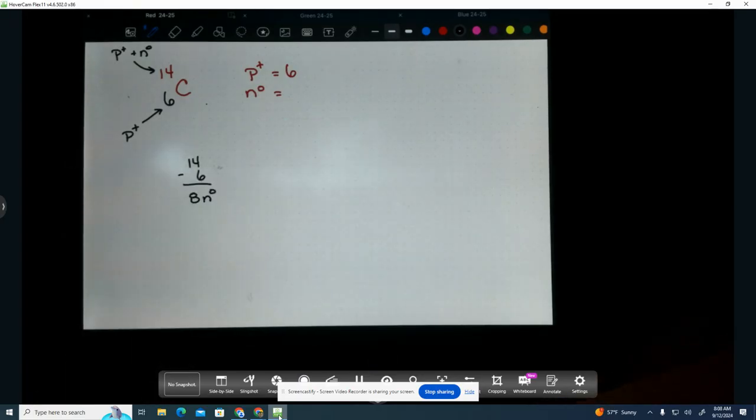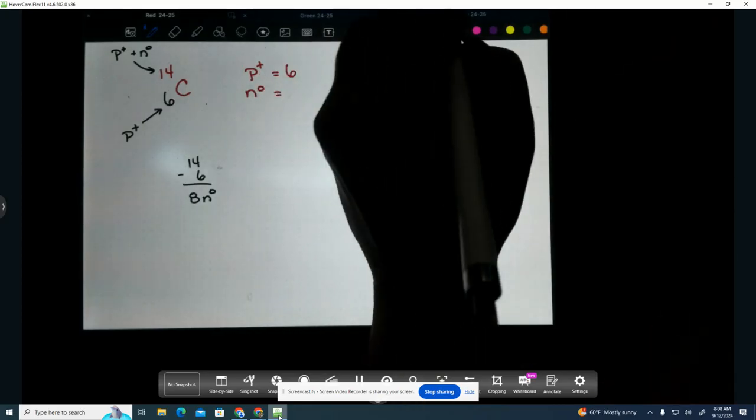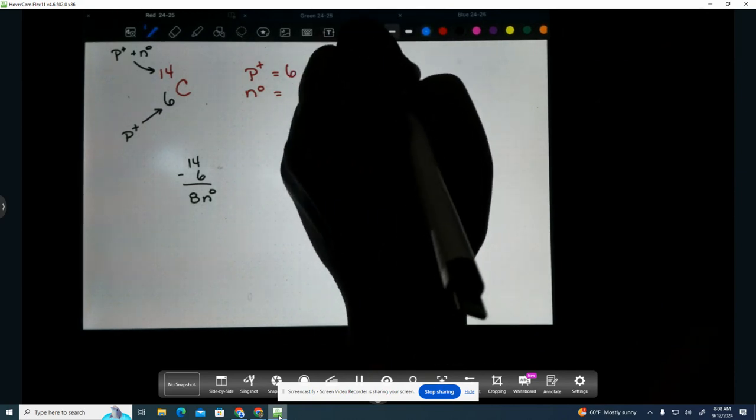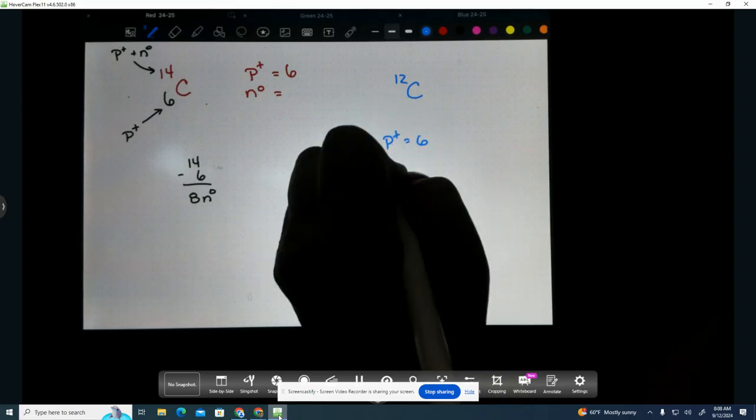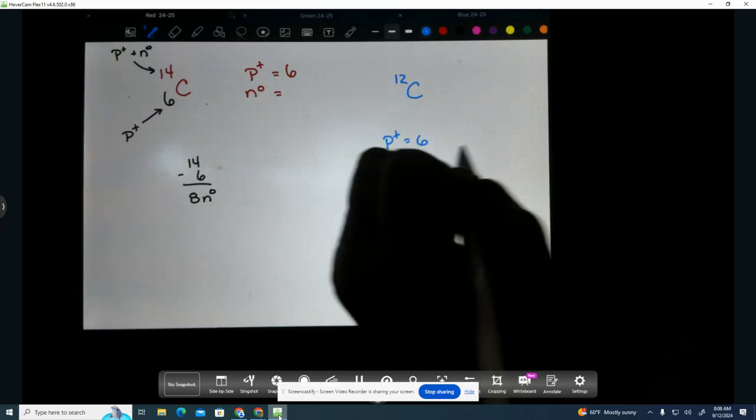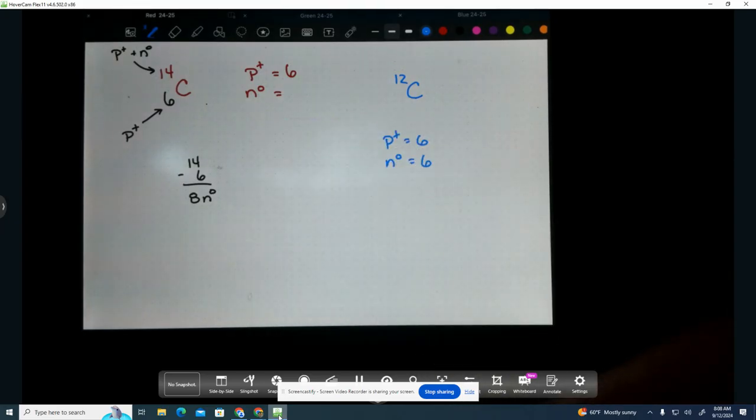In this case, the protons and neutrons were not the same. If I did carbon 12, then I would have 6 protons and 6 neutrons. You want to take a wild guess on how many electrons you're going to have?